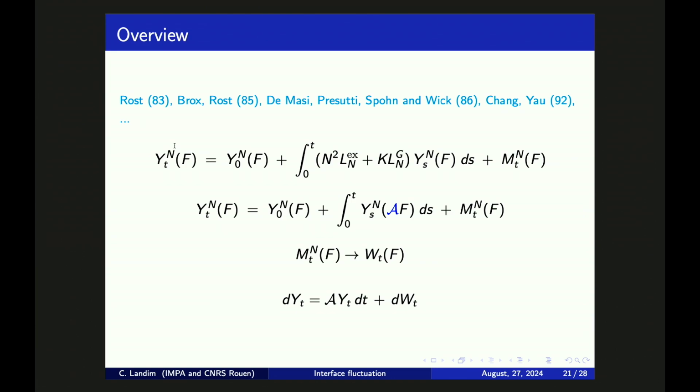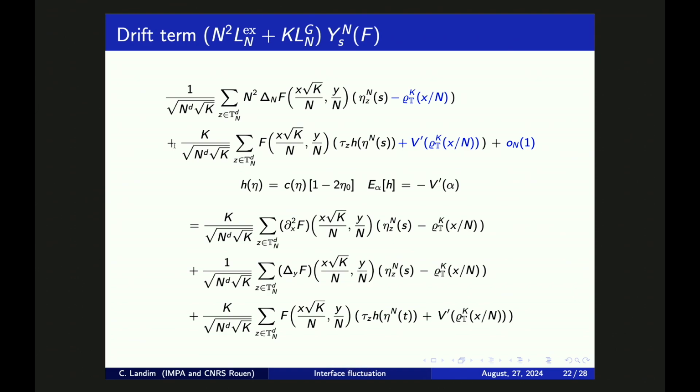So what you need to consider is the drift term. And what you'd like to do is to represent this drift term as Yt applied to an operator A on f. If you do that, you're essentially proving that your field Yt is converging to the solution of this linear stochastic differential equation. Okay? So let's try to do that.